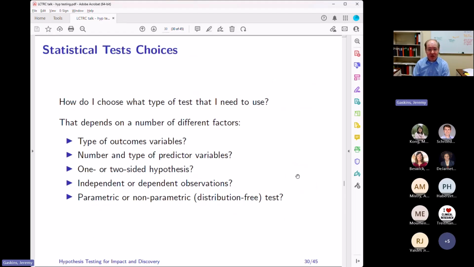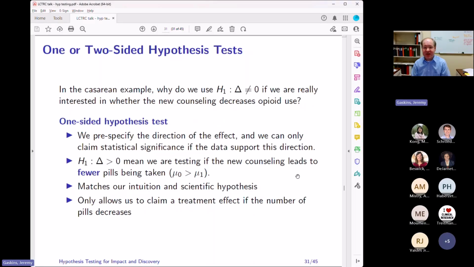Okay, so let me just hit one or two more things, and then we'll abandon the last couple slides. One important thing is to think about whether I want to run a one-sided or two-sided hypothesis.